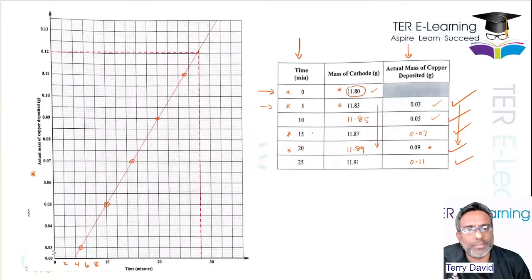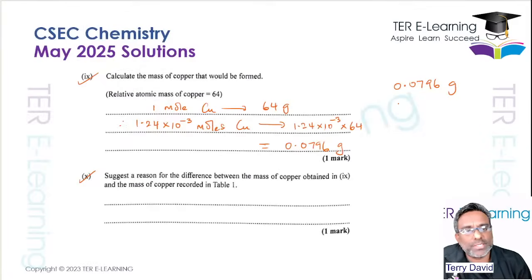So if you go back to the table, your 20 minutes here corresponds to a mass of 0.09, so this here is 0.09 grams. So this here is your measured, and this is your calculated.